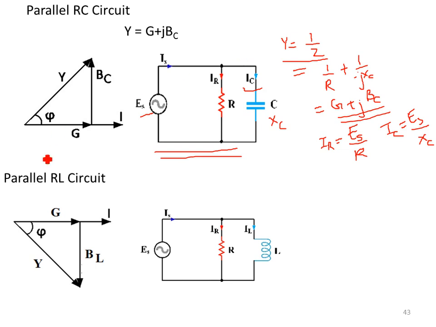Now if you are drawing the admittance triangle for our parallel RC circuit, for parallel circuits we prefer the admittance triangle rather than the impedance triangle.